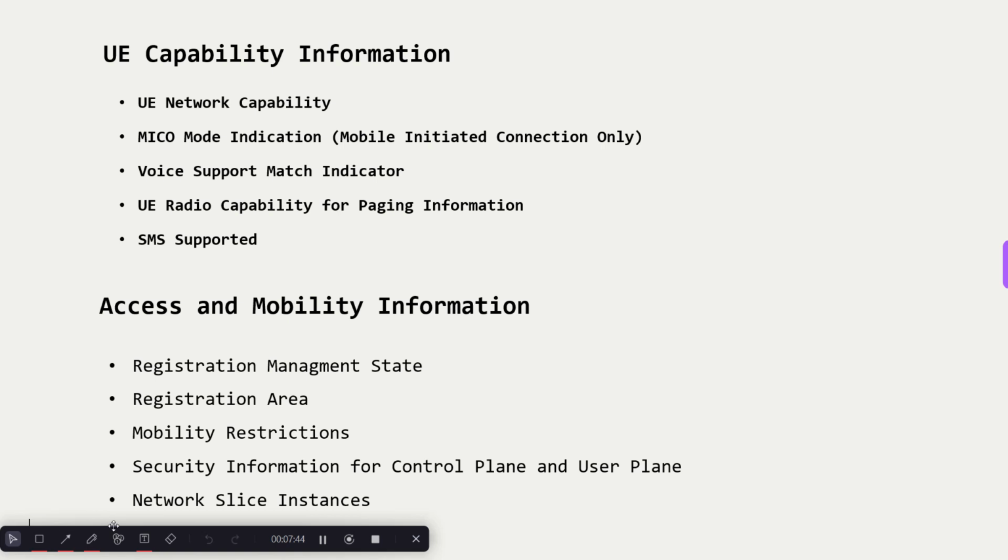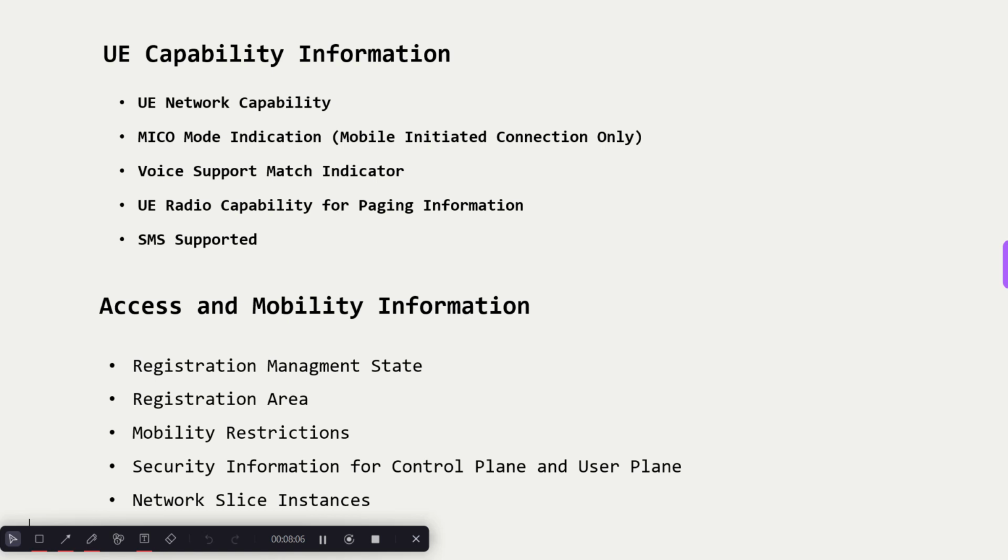Then mobility restrictions. Suppose the UE is registered in one state and goes to another state, then it will show some error. Security information for the control plane and user plane, that is the ciphering and integrity of data, is taken care of by the AMF.